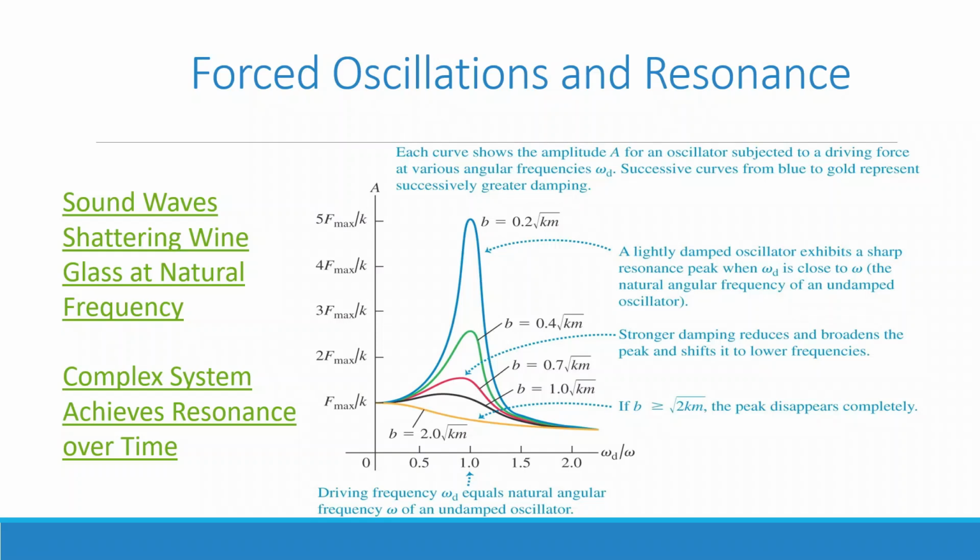So, you can mathematically describe some of the different relationships here between the damping force and the angular frequency. When you take a look at what the driving frequency, omega d, is, that would be what's causing the force oscillation. When it's equal to the angular frequency, you get this peak.